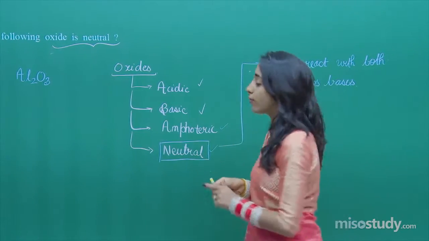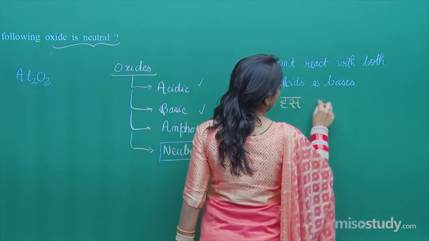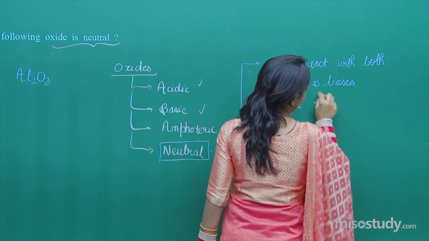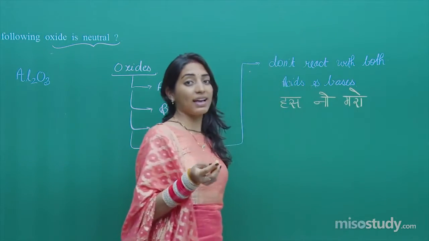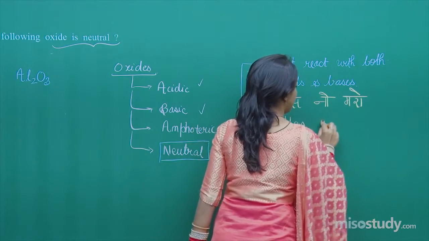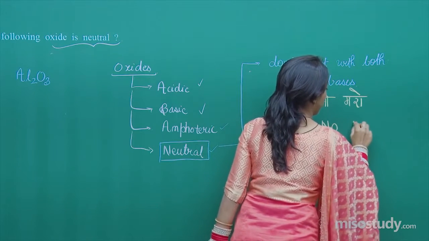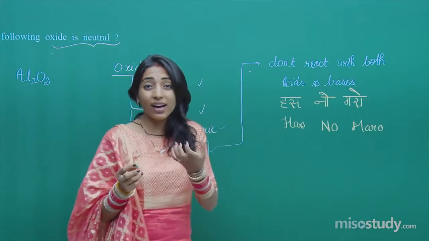There were 3 examples of neutral oxides that I will be discussing. First, let me write it in Hindi: Has, No, Maro. For those students who do not understand Hindi, let me just write it. Has is Hasna, smiling, right?